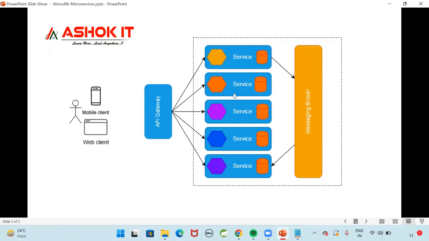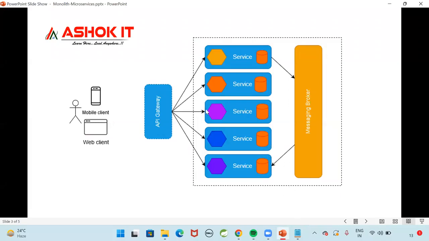Instead of developing one single project for all the functionalities, we are going to develop several services to develop our application. These are loosely coupled services that we are going to use.